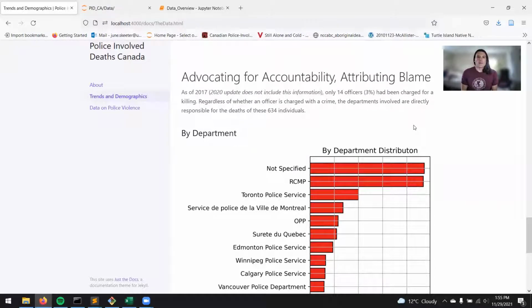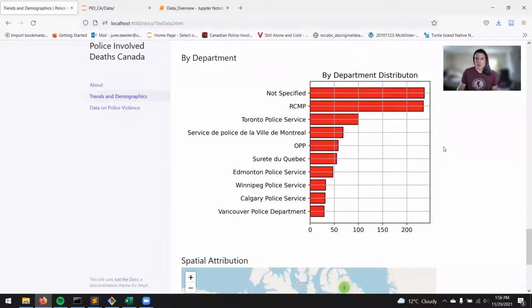And even more broadly, regardless of whether an officer is charged with a crime, whether an individual is held accountable, these departments and institutions are directly responsible for the deaths of a large number of individuals across the country. It's important that that is more widely known, especially the RCMP. They are overwhelmingly responsible for the large number of deaths.